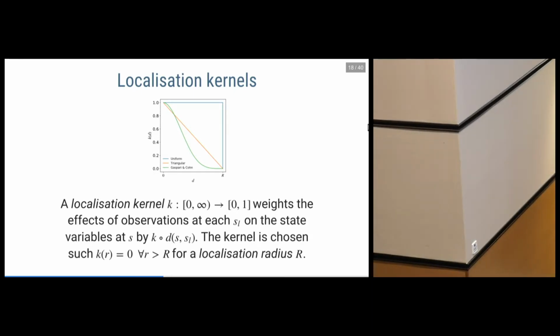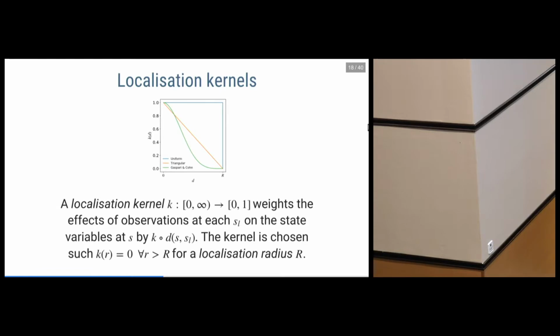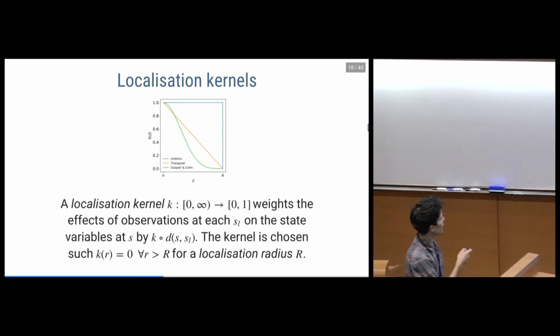What this does in practice is we use it to modulate the strength of the dependence of the update to each state variable given a particular observation at a different location. So if we have a state variable at position s and an observation at position s_l, we modulate the update to that particle value at that position by a term which is proportional to this kernel.